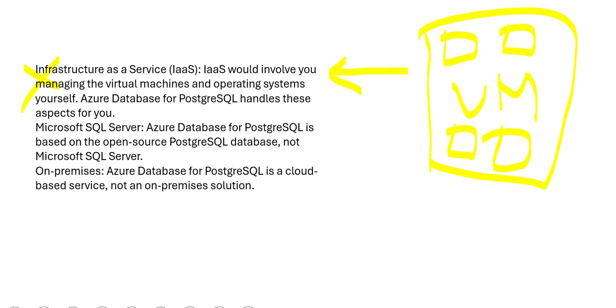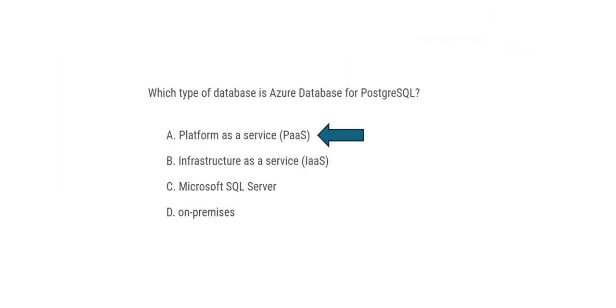Postgres is a different product. It's an open source database. It is not SQL Server. And on-premises, the Azure database for Postgres is a cloud-based service. It is not an on-premises solution. It is an Azure product. The name itself suggests you have to put it on the Azure cloud platform, not on-premises. So that is why PaaS would be our final answer.